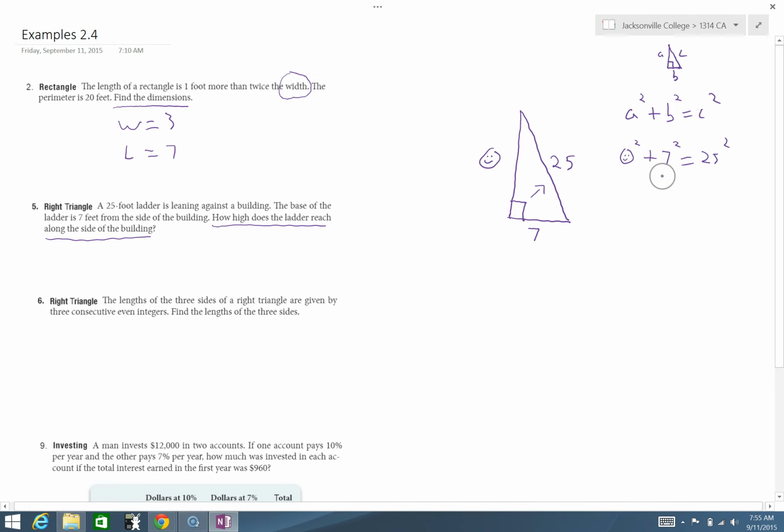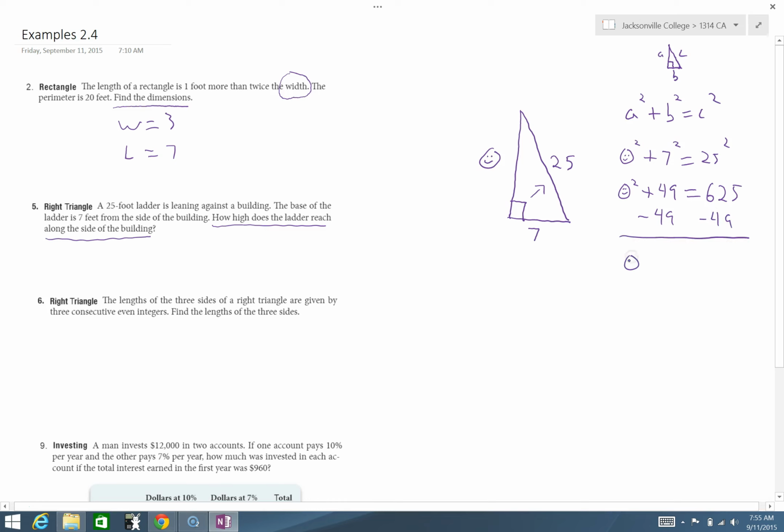Now we're ready to solve. Solve this equation for smiley face. Smiley face squared we leave the same. 7 squared is 49. 25 squared is 625. Solving for smiley face, we'll subtract 49 on both sides.